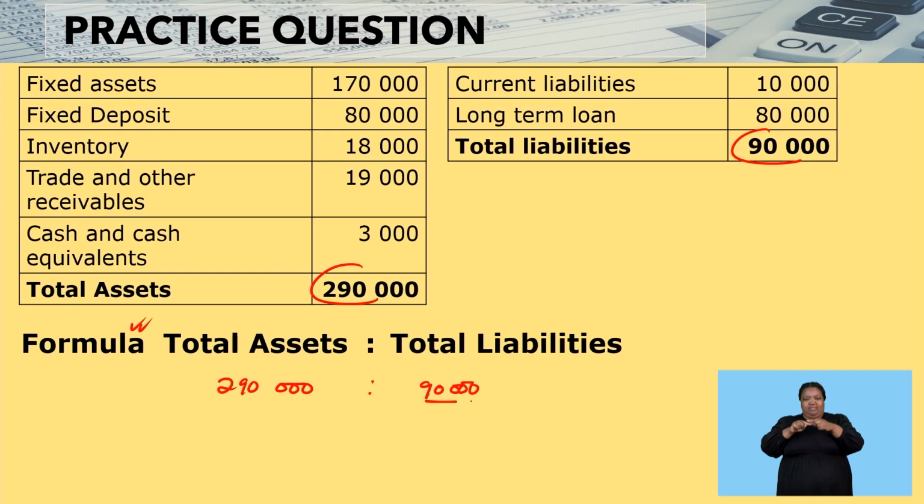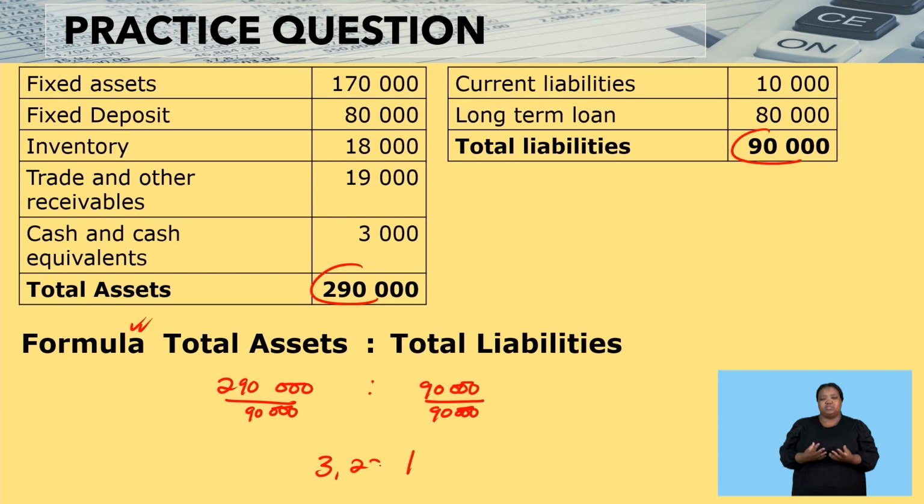We divide all of this by 90,000, and then you get 3.22 as to 1. That becomes your answer. Remember, it is a ratio, so it has to be as to 1.